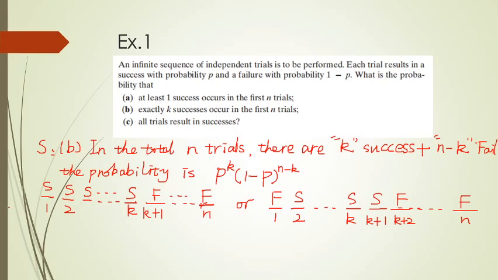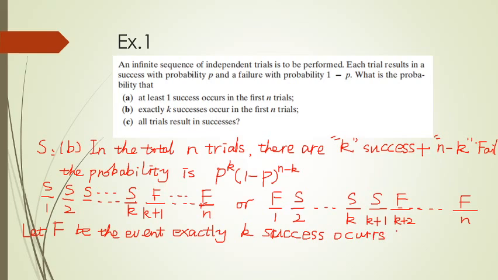So for the probability, we can define the event. Let F be the event of exactly K successes. When you have N choose K successes, of course the others, N minus K, will be failures in the first N trials.